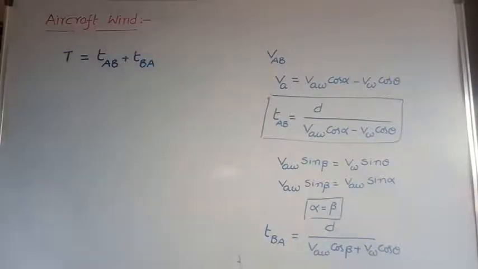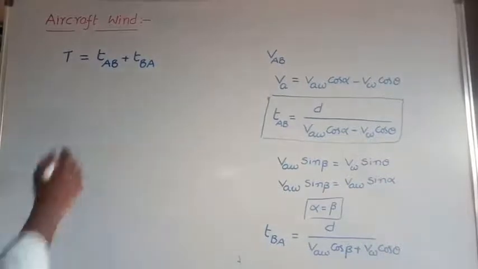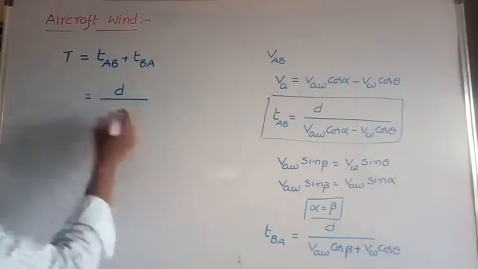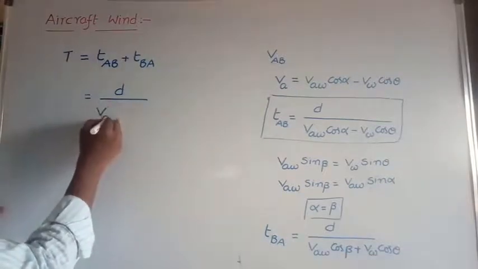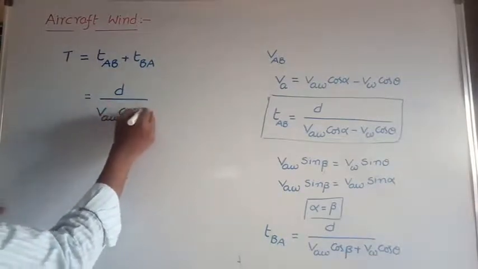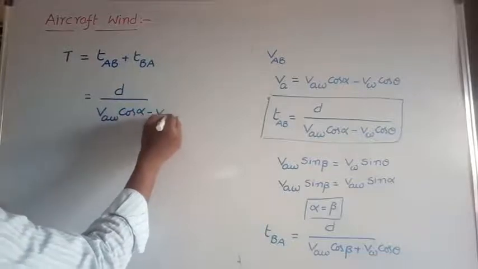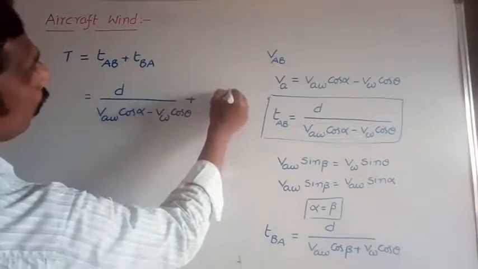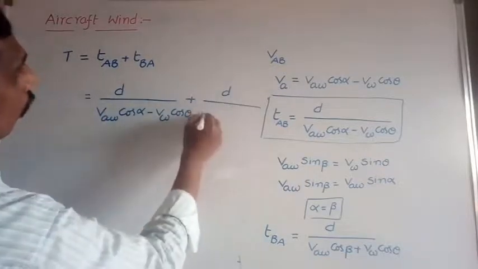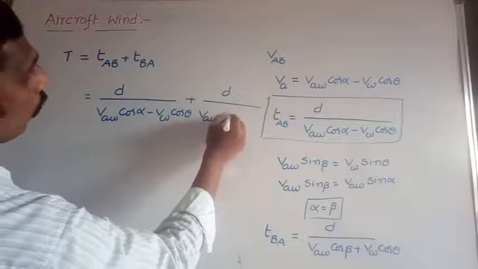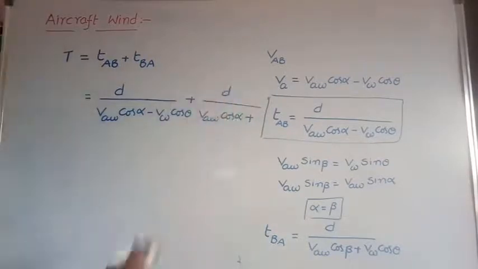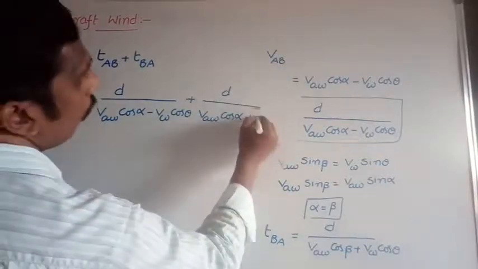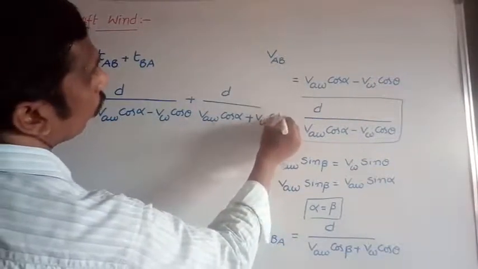We know TAB is equal to D divided by VAW into cos alpha minus VW into cos theta, plus D divided by VAW into cos alpha plus VW into cos theta.